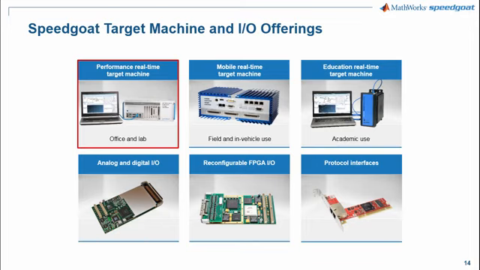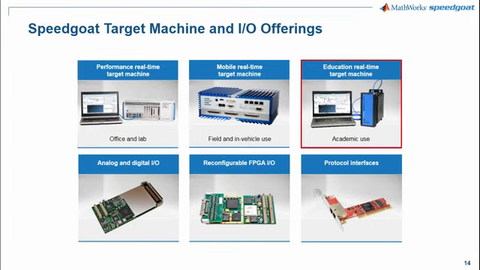It leverages latest generation Intel i7 CPUs and optional Xilinx FPGA technology to execute real-time applications on multiple cores, target machines, and FPGAs. The flexible expansion concept allows more than 50 I/O modules to be installed, and flexible mounting options allow rack and desk installation with either rear or front I/O access.